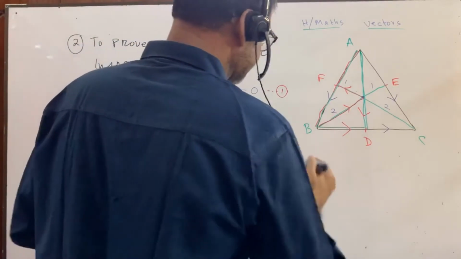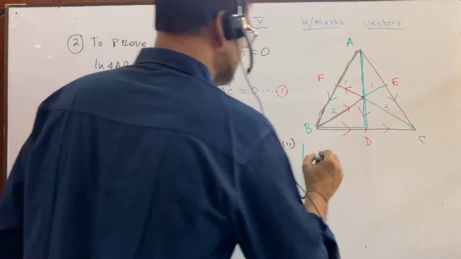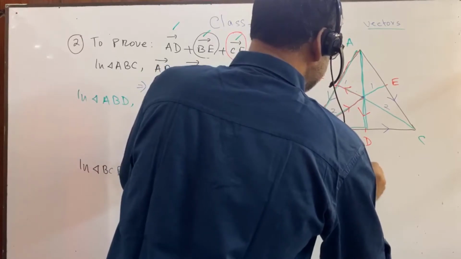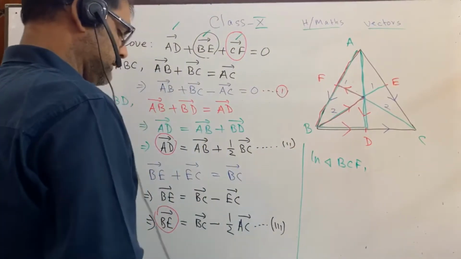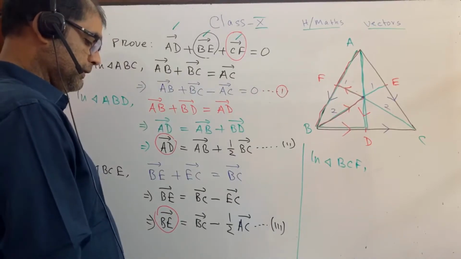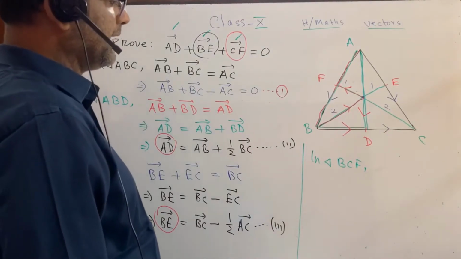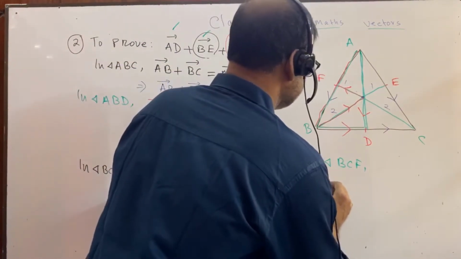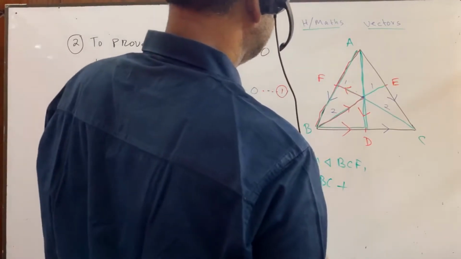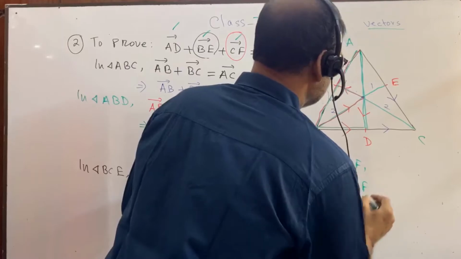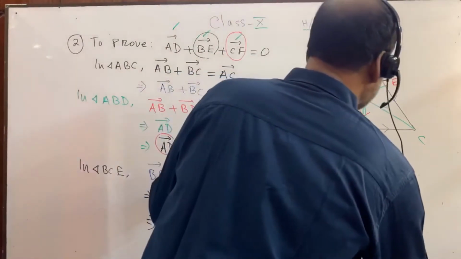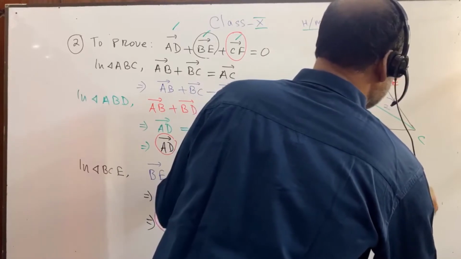You write down here, in triangle BCF. You see what triangle I have considered. In triangle BCF, we can write BC plus CF plus FB is equal to 0.